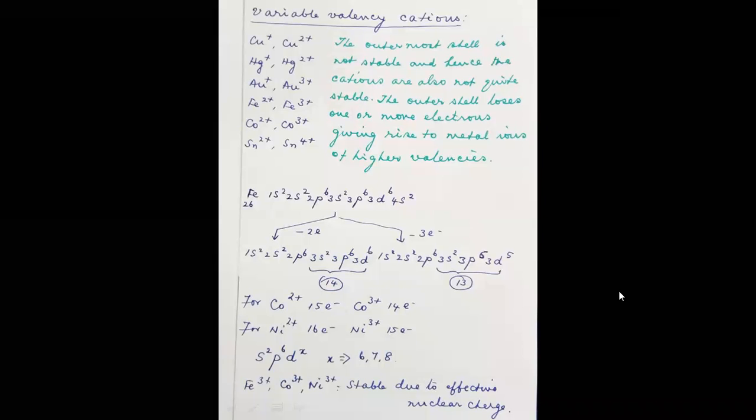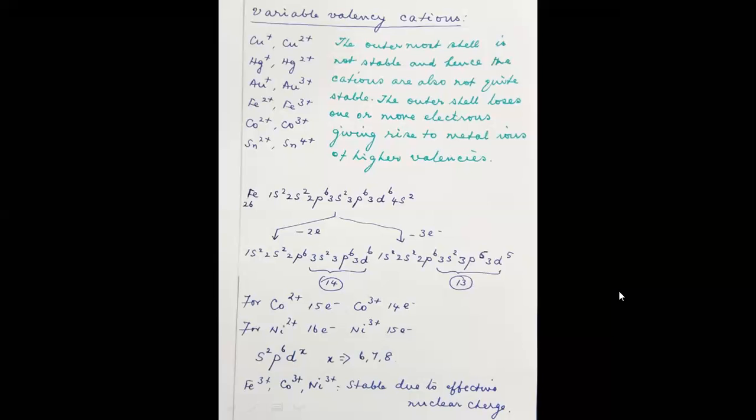So I repeat, the outermost shell is not stable. What is the outermost shell? The D shell. Hence the cations are also not quite stable. The outer shell loses one or more electrons, giving rise to metal ions of higher valencies. For example, copper can form copper plus and copper 2 plus. Mercury can form plus and 2 plus.